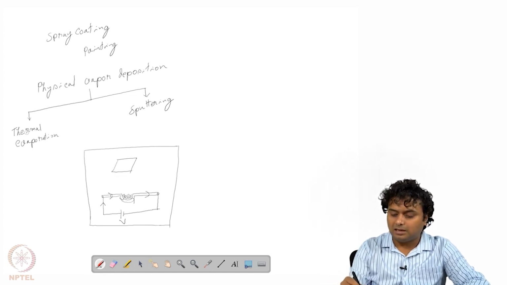Now as the current flows through this boat, not copper, like tungsten or some high temperature material, it gets heated up, and because of this heating, let us assume that we need to coat silver, Ag. So the silver beads are kept here.